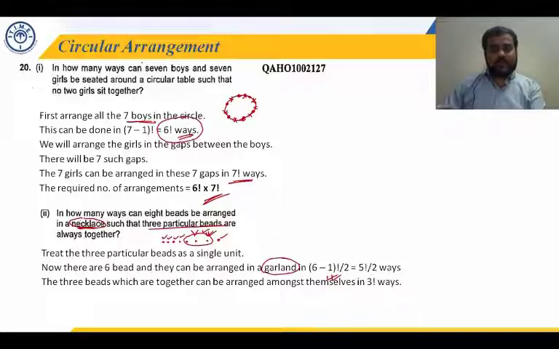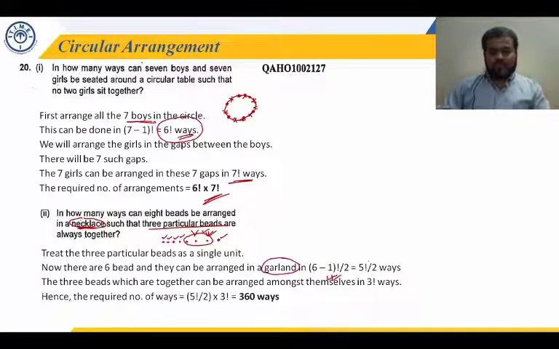Right. They will be together but they can arrange among themselves in 3 factorial ways. So total number of ways will be 5 factorial by 2 multiplied with 3 factorial. So when you do that, you will get 360 ways. Fine. I hope it is clear.